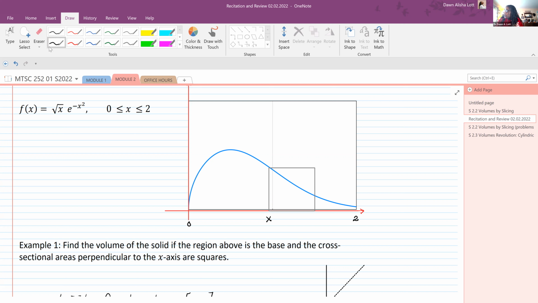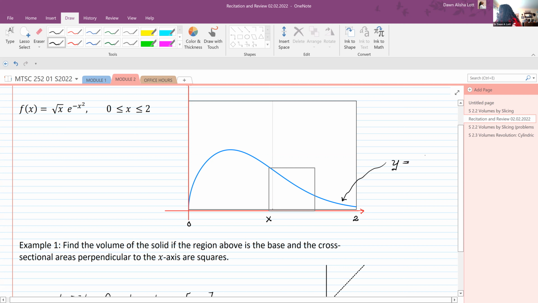Okay, this curve that is nicely graphed here is the curve y equals the square root of x times e to the negative x squared. So for any x, that's its height, f of x. So that means that this distance is y.